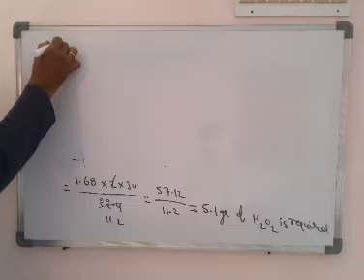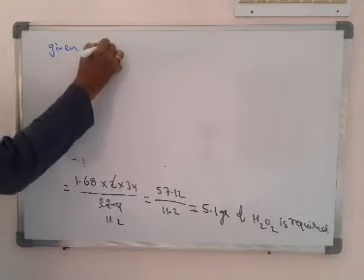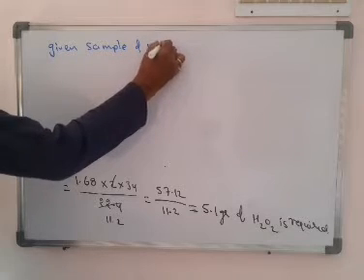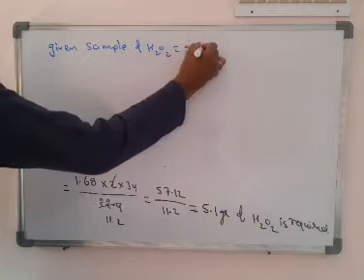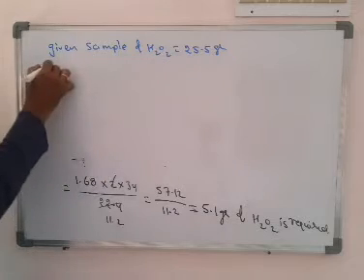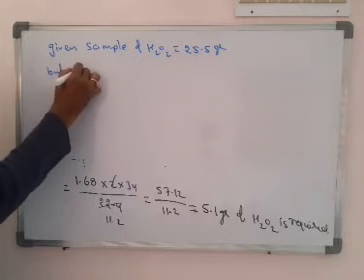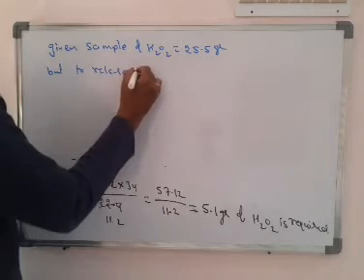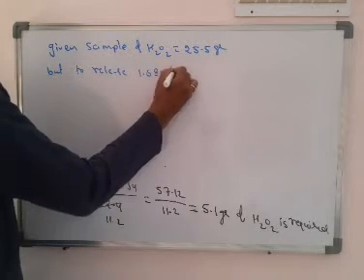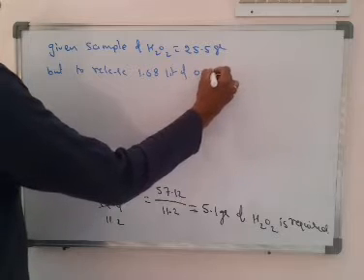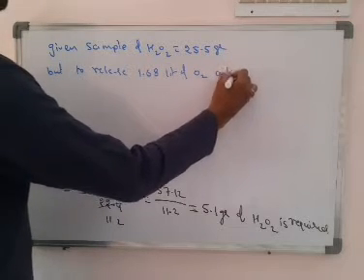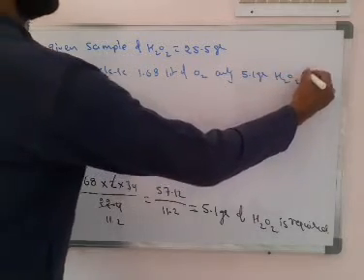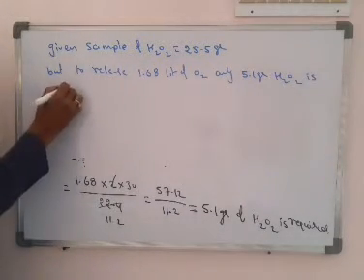So the given sample of hydrogen peroxide is 25.5 grams, but to produce 1.68 liter of oxygen, only 5.1 gram hydrogen peroxide is required.